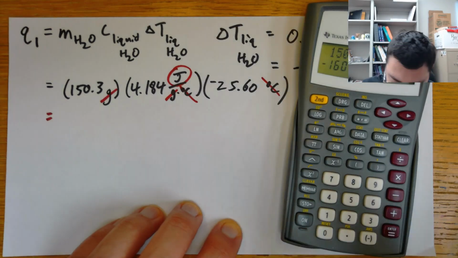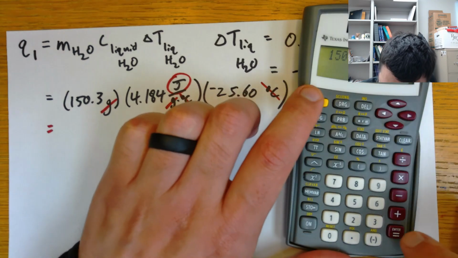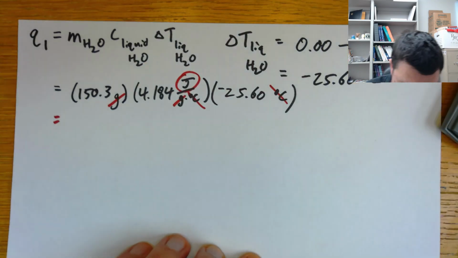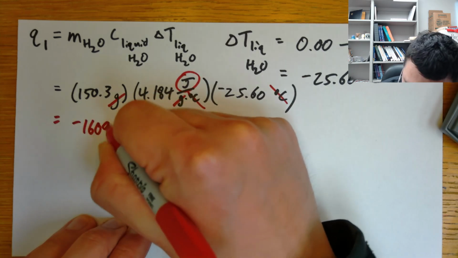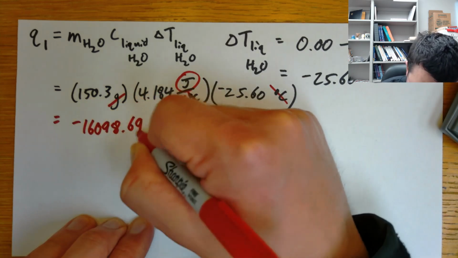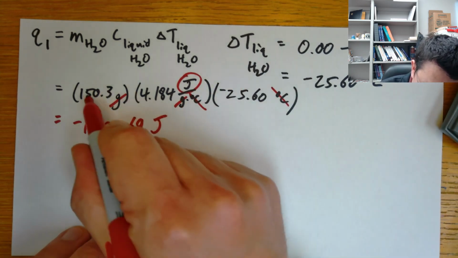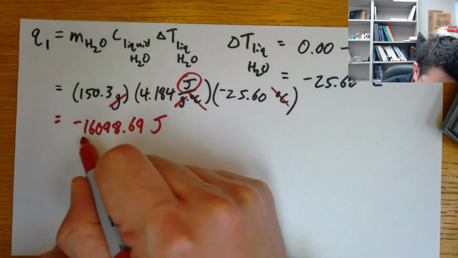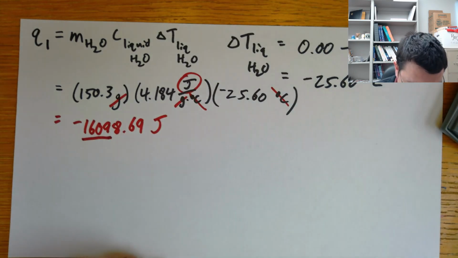Let's see if we can remember. There we go. Negative 16,10... and then sig figs, 4, 4, 4. So we'll go up to there for sig figs.